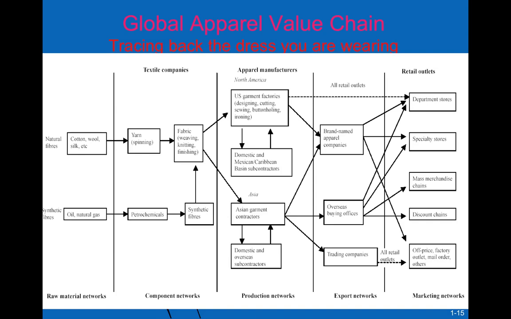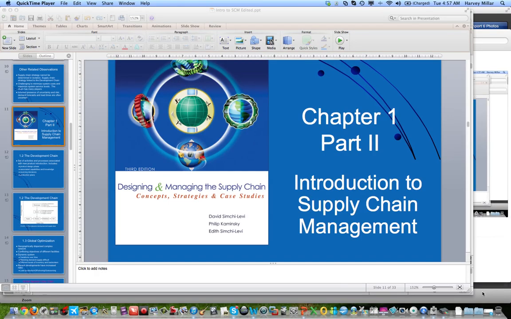So here is just another example again of the complexity of supply chains, but also really showing you a global supply chain. If you look at apparel manufacture, that is one where there are usually a lot of global players. Let's just get back to this here quickly.